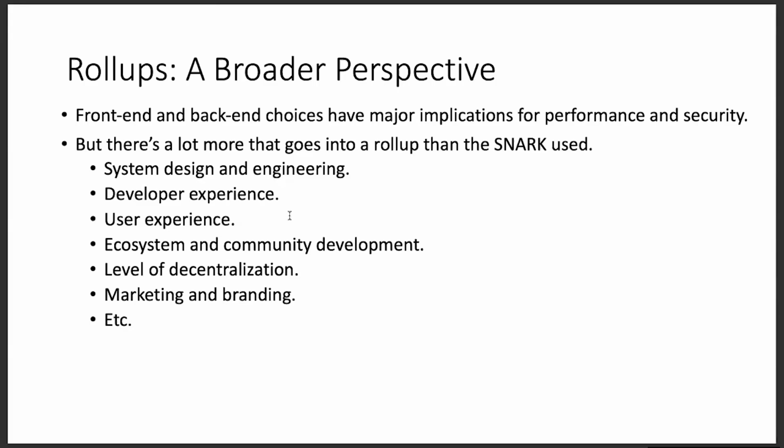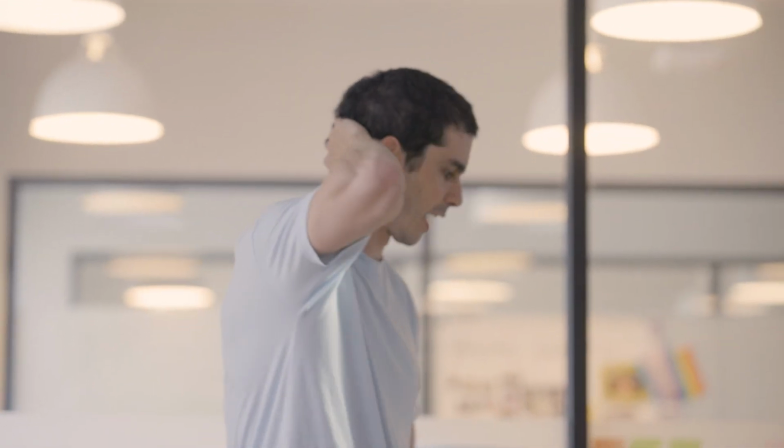So the success of the rollups is going to depend on a lot more than the thing that I know about. But when security, latency, and throughput are important, you should understand these details that I tried to cover today, but there's a lot more too.